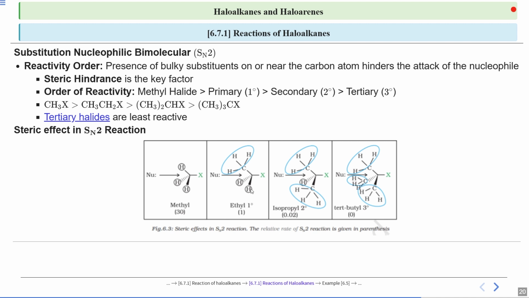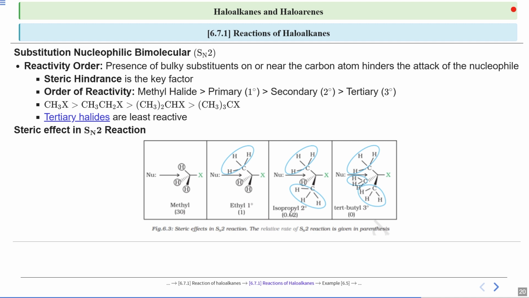This is basically ethyl, because 2 carbons are there in this structure. So this is primary ethyl, and due to the presence of this bulky group, the relative rate is 1, which is very much less than the methyl halide.